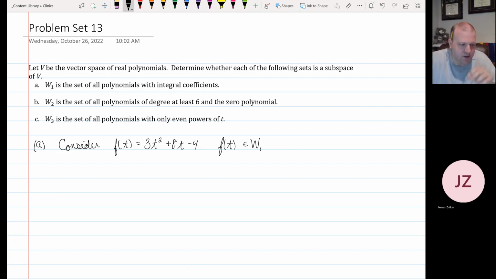All the coefficients are integers. However, take a look at 1/5 times f of t.